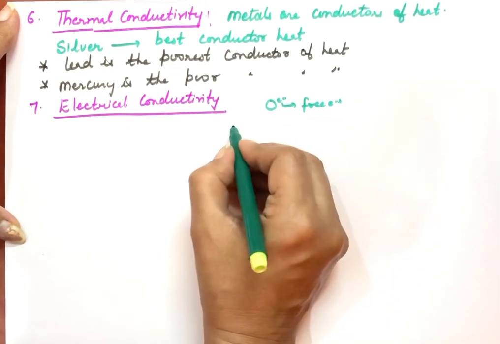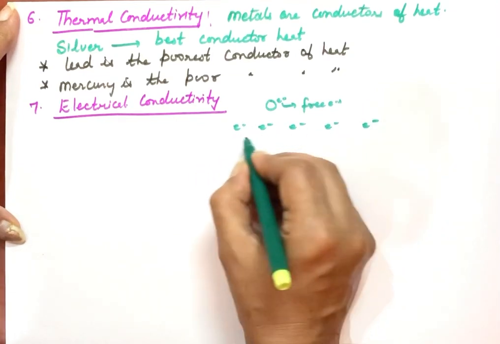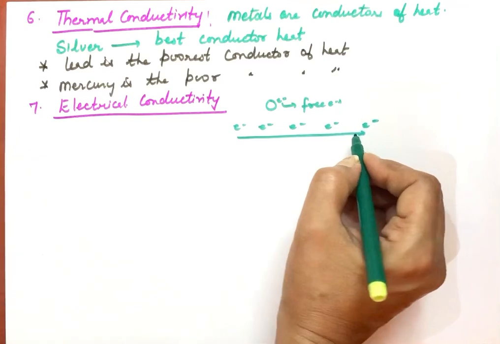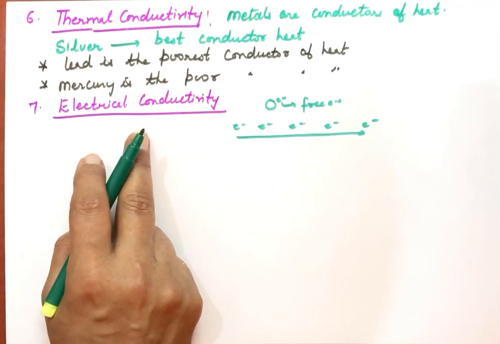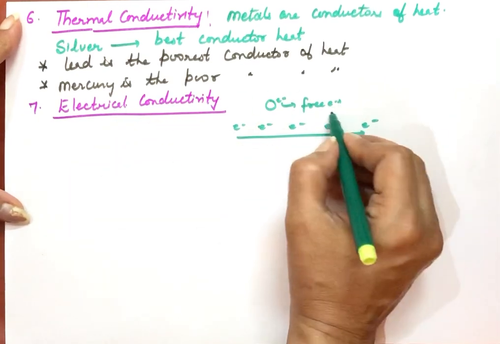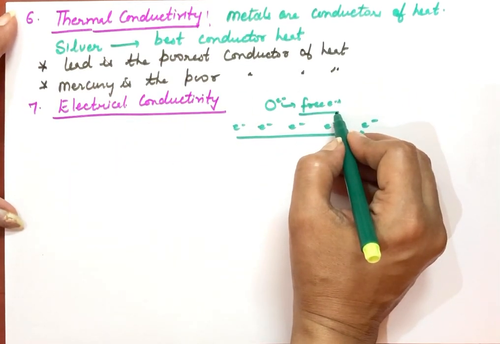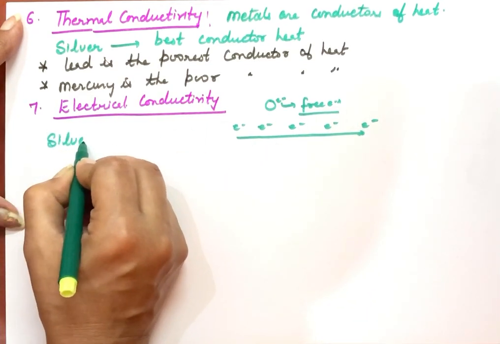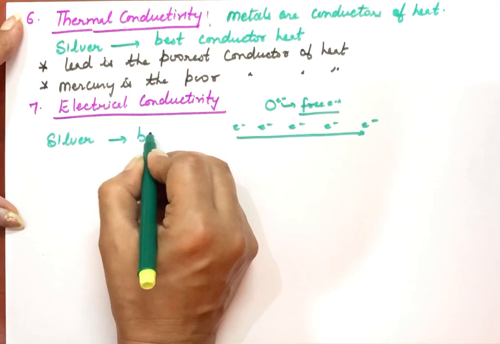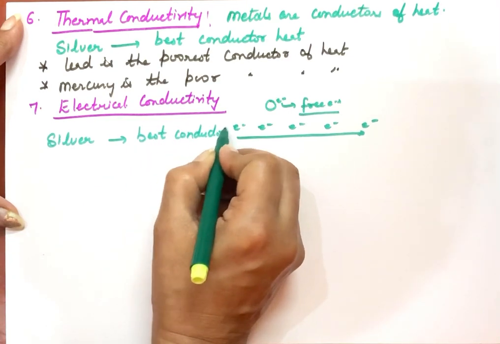When these free electrons of metals are moving, this movement of free electrons is known as current. So electrical conductivity of metals is due to the presence of free electrons in them. These electrons conduct electricity. Again, the best conductor of electricity is silver metal.